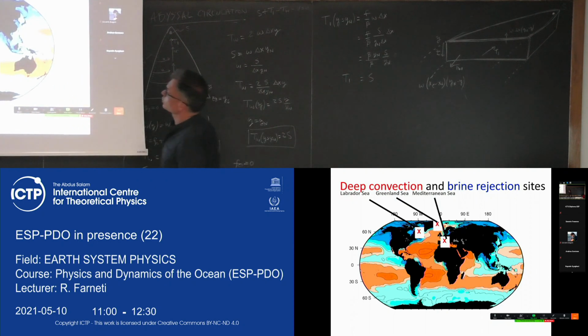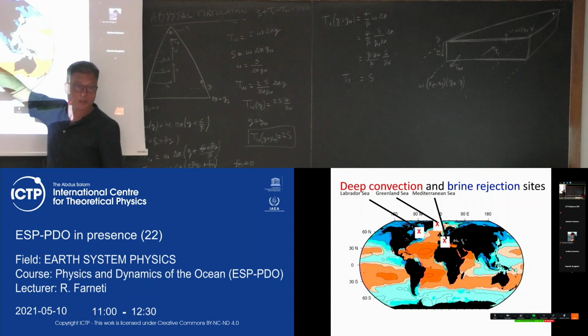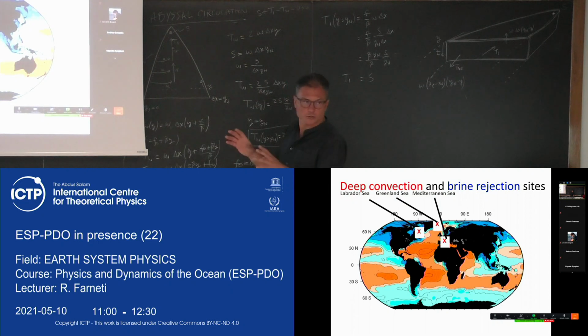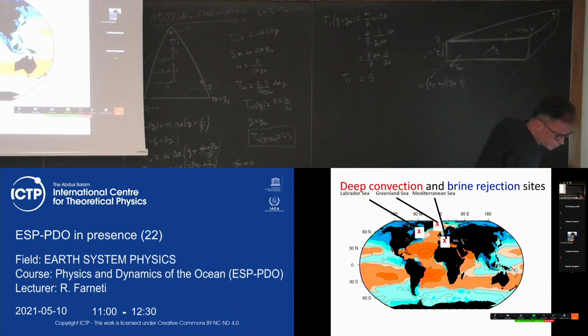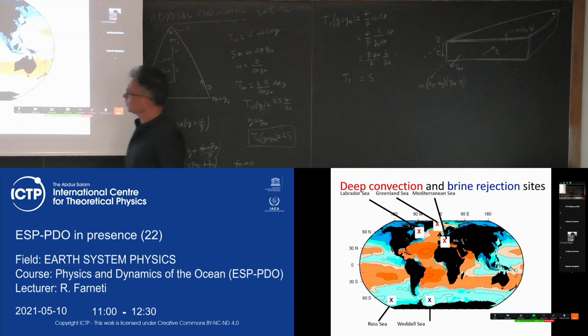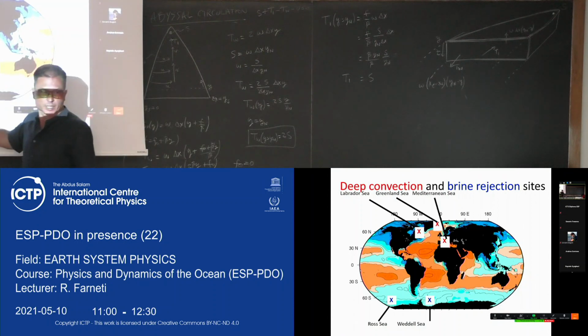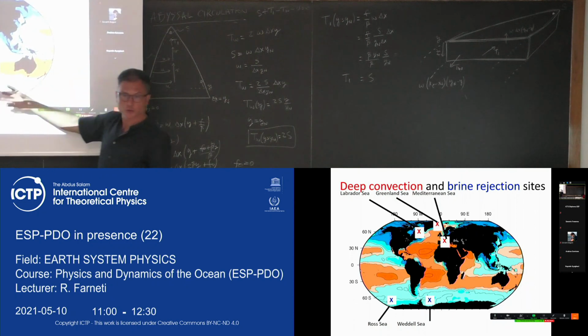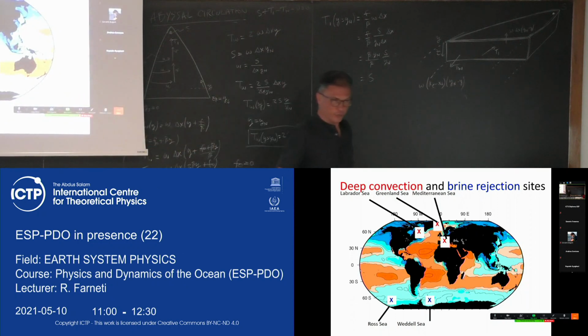There's actually a deep convection site in the Mediterranean as well, when you have strong wind events in the Gulf of Lion, south of France. And more deep convection in the Southern Ocean, close to Antarctica, where water gets particularly cold and particularly salty, and you generate convection, where you generate this Antarctic bottom water that is very dense and fills the abyss.